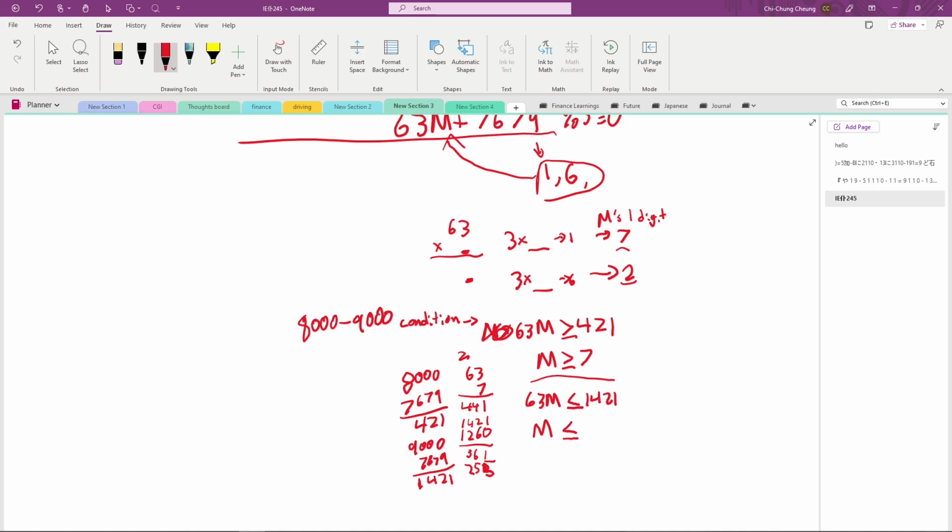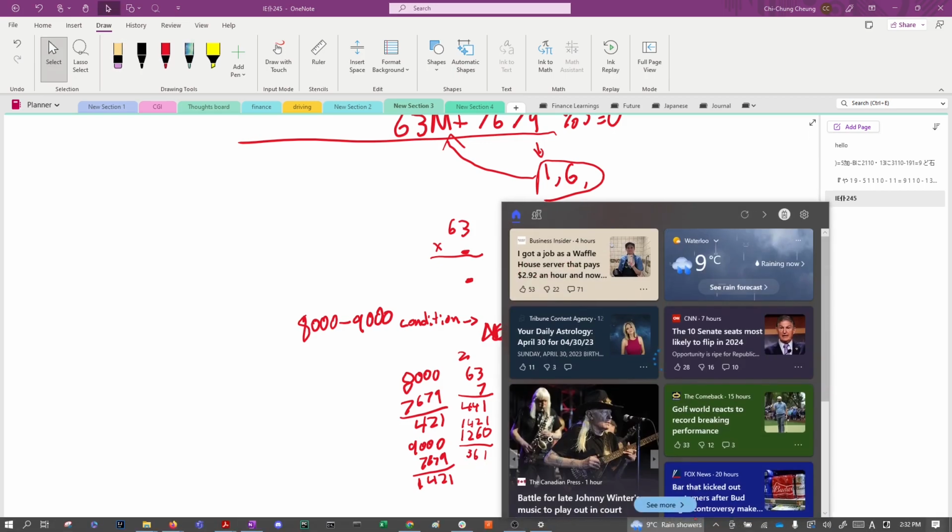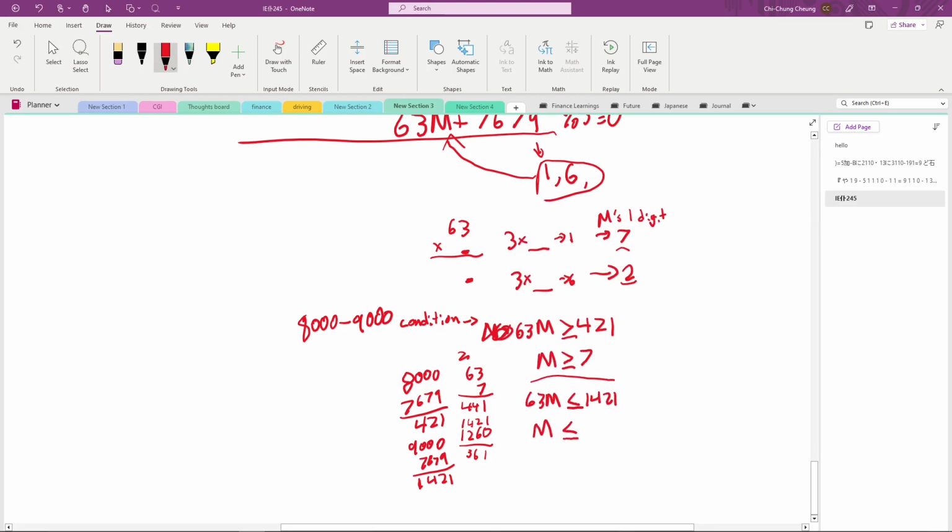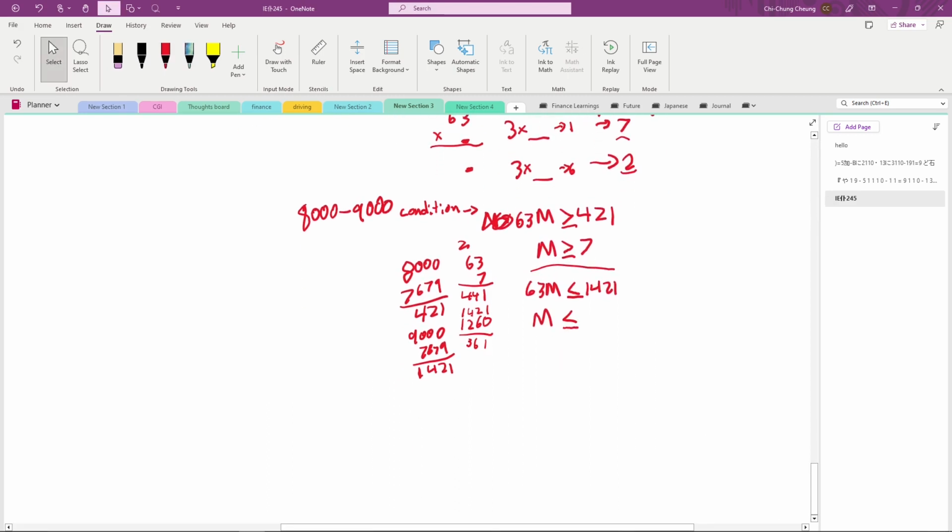Wait, oh God. Let me erase this. 63 times 5 is 315. Okay. And then that's under 63. Okay, so it's at least 20. Was it 5? Yeah, because that's 20 and that's 5. 25.